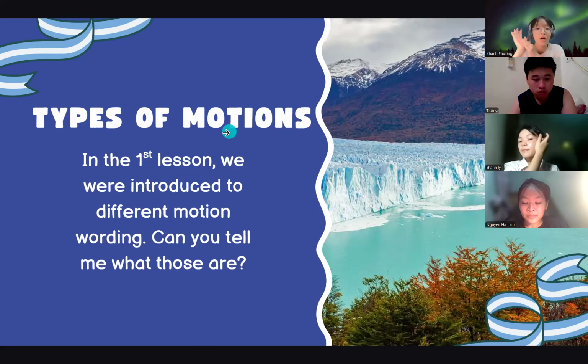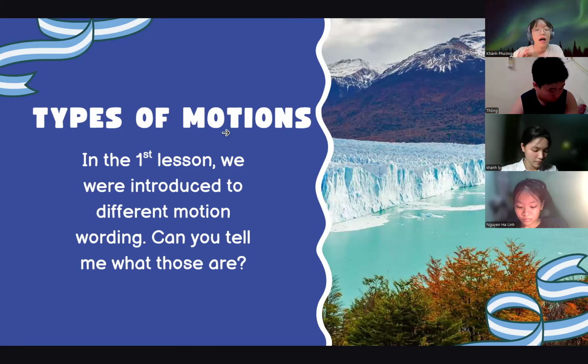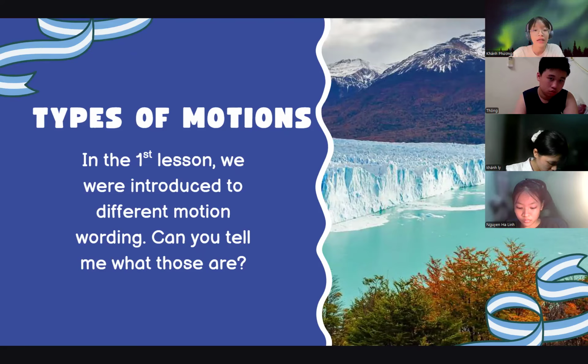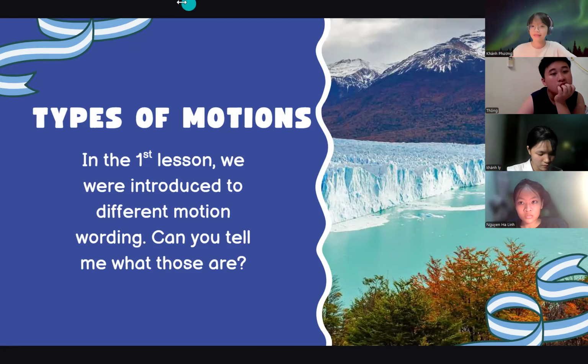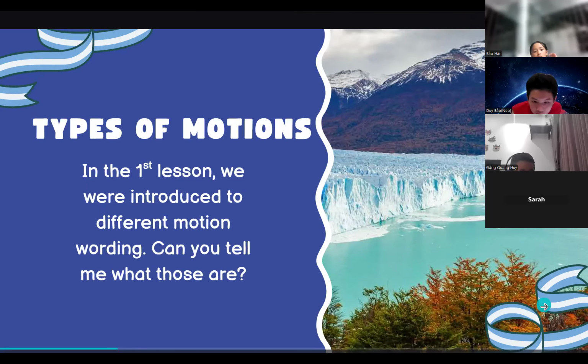So we have an introduction question. If you remembered in the first lesson, we were introduced to different motion wording. Can you tell me what those are? So motion wording is like 'this house' and something, and there are different types of them.